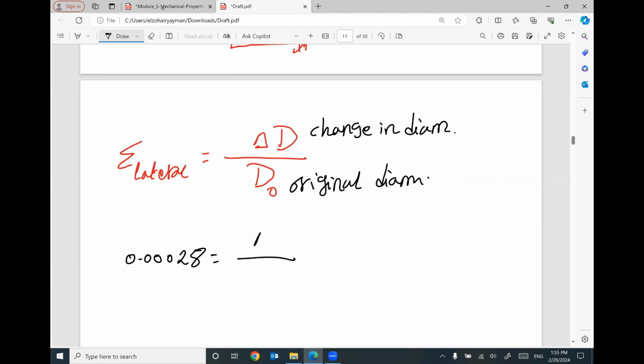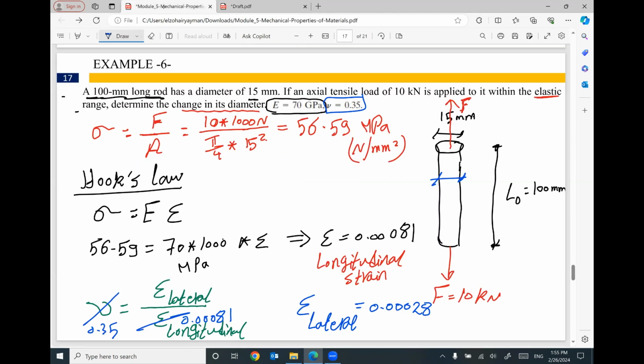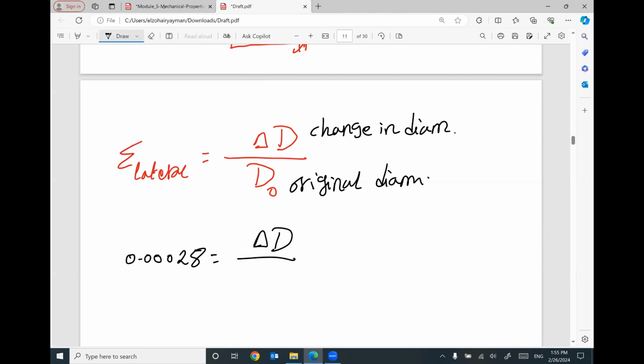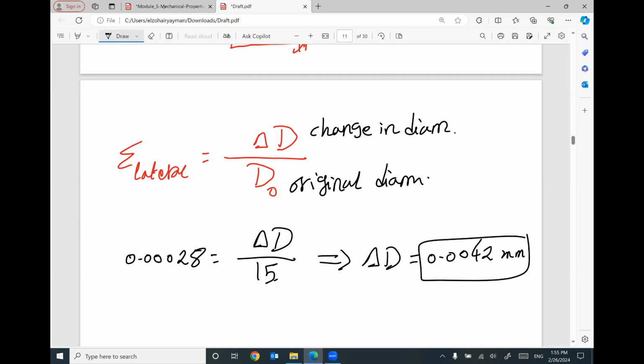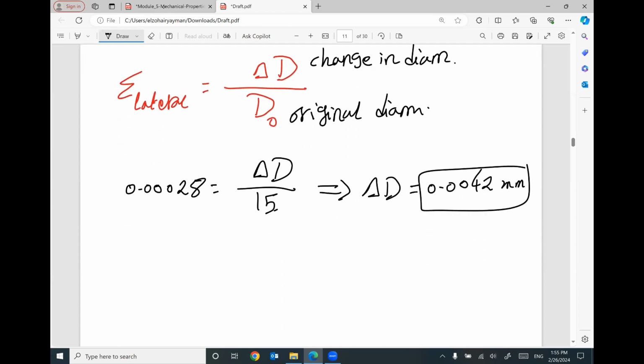The change in diameter, I don't know. The original diameter of this member was 15 millimeter. So I can figure out what will be the change in the diameter. It will be 0.0042 millimeter.